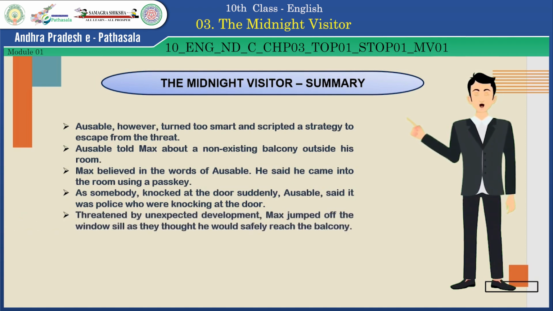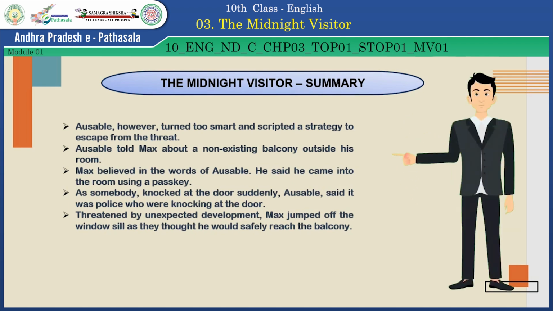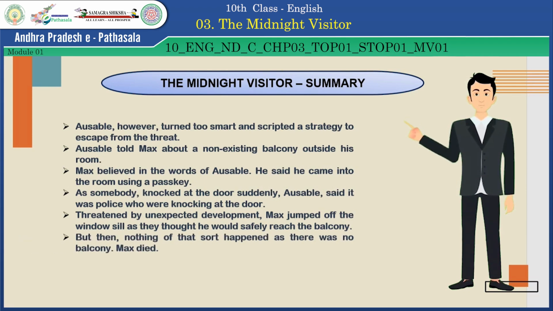Threatened by the unexpected development, Max jumped off the window sill as he thought he would safely reach the balcony. But then, nothing of that sort happened. As there was no balcony, Max died.